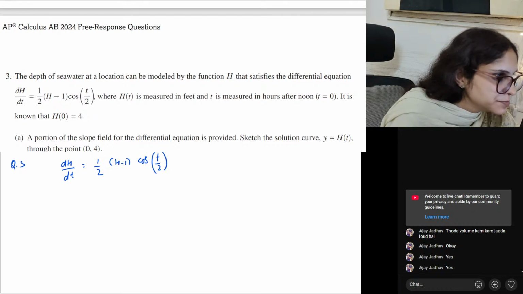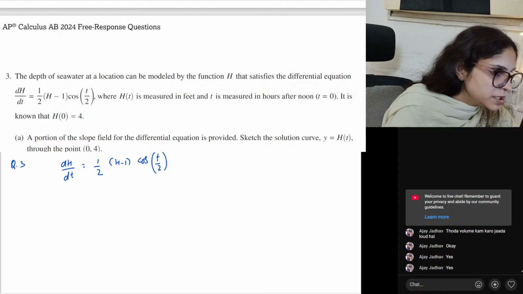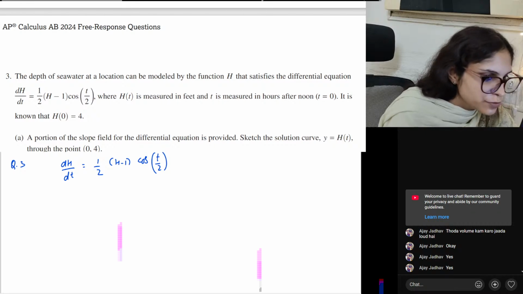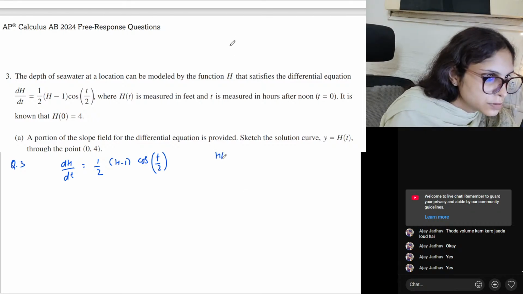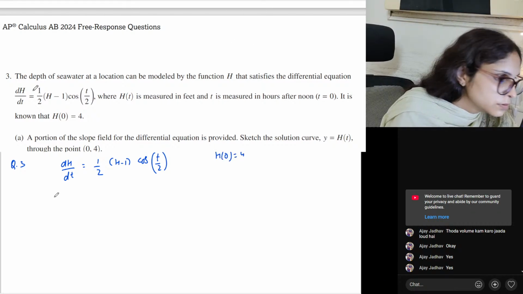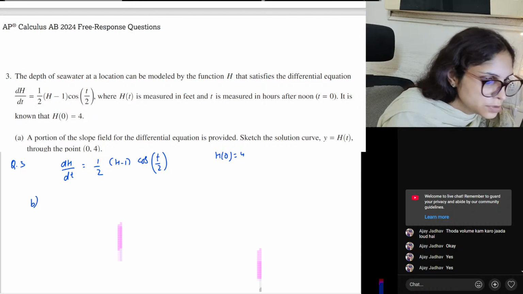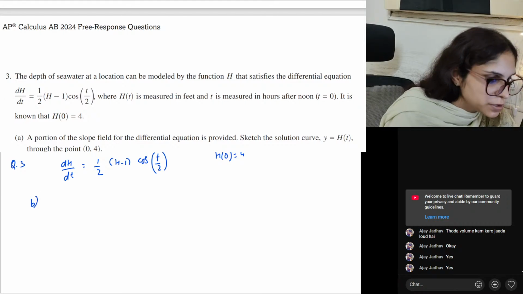And then h of t is in feet, t is in hours, and h of 0 is 4. Now we are ready to solve the B part.